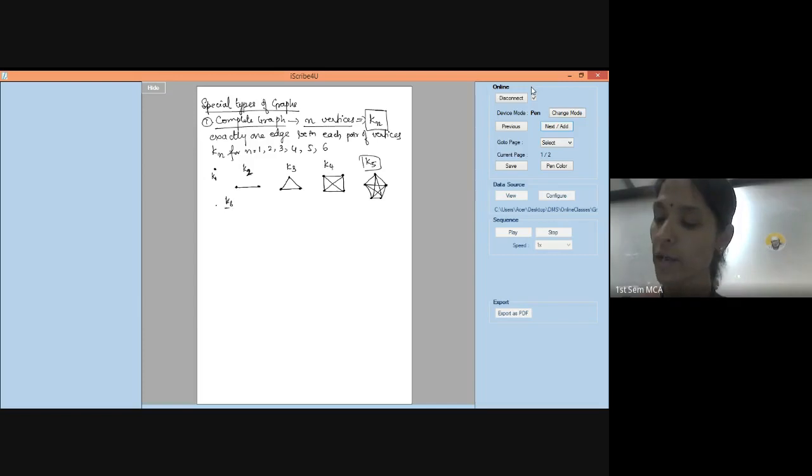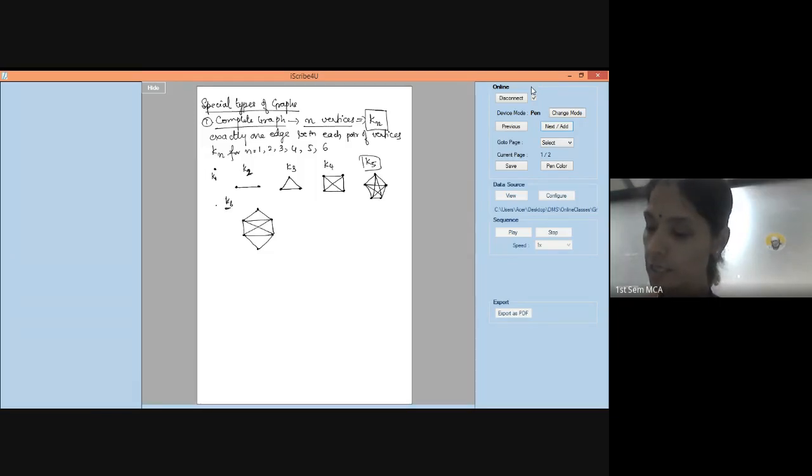Okay, I will take one last one, K6. Let me take it this way. You can take the vertices however you want. I have to connect every pair of vertices, and they should be connected by exactly one edge only. You cannot have more than one edge. Then I'll connect these two. What else can I connect?